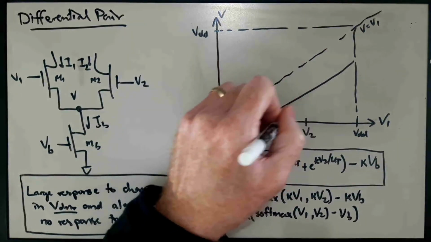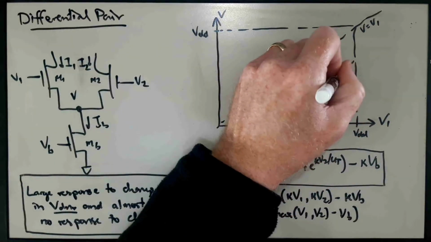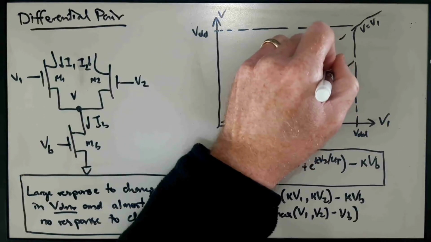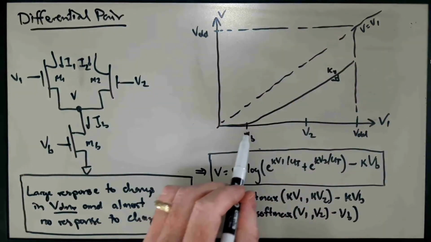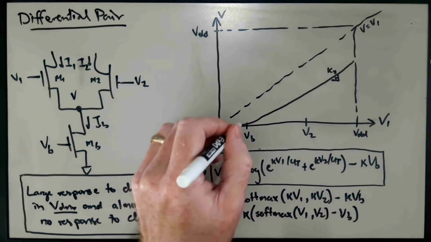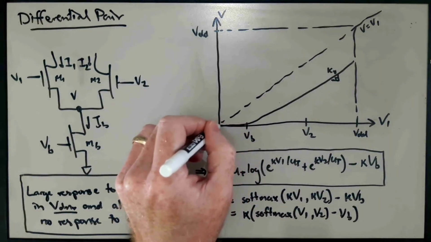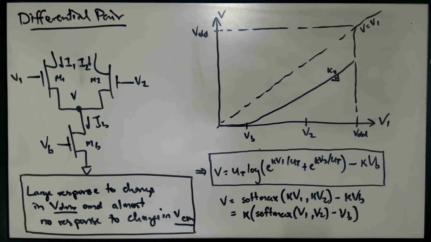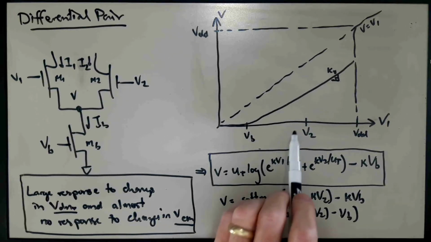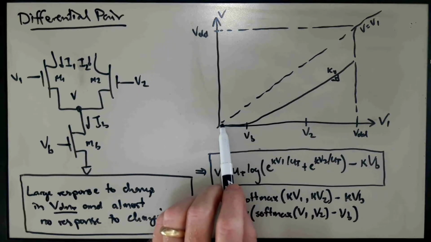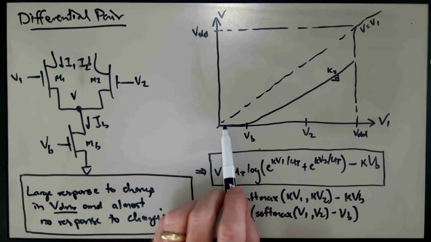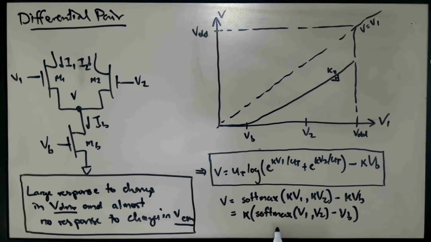Right, so this would be slope of kappa and it would extrapolate down to VB, and it would smoothly approach 0 down here below VB. What will happen is that when V1 is less than V2, what we're going to get is the V2 popping out of the soft max. And so we get kappa V2 minus VB.